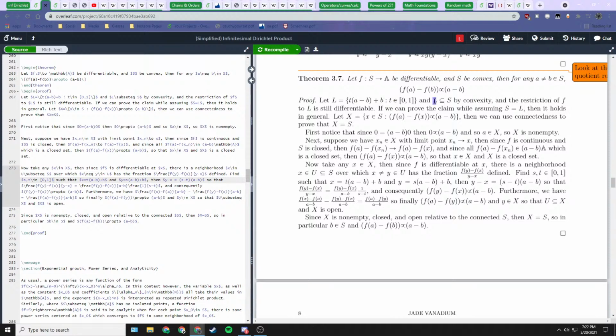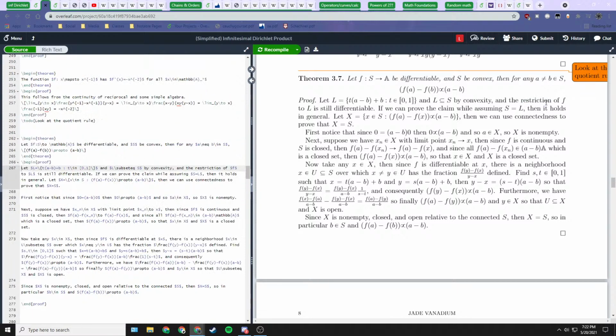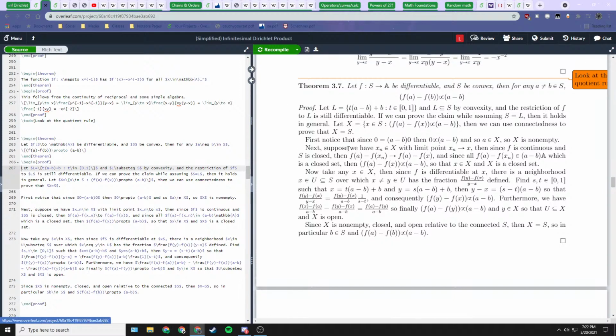Because of convexity, the line segment L is a subset of the overall domain S. And if we restrict F to L, it is still a differentiable function with respect to the domain L. So if we can prove the claim while assuming S equals L, then it'll hold in general. Because if we can prove f of A minus f of B is proportional to A minus B, we just prove it for the restriction.